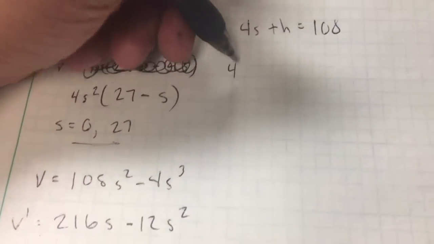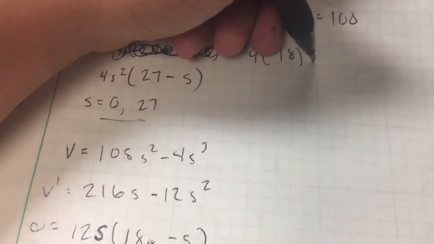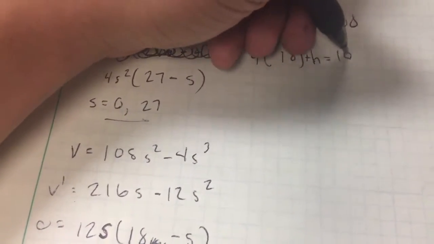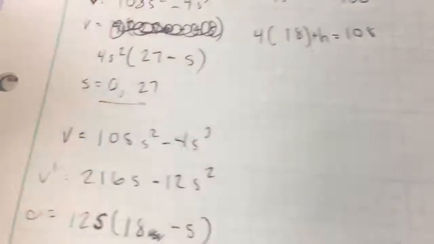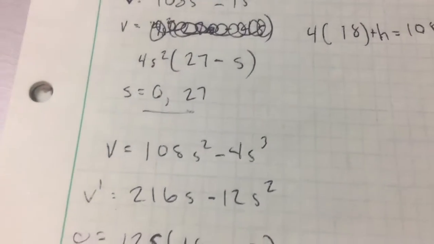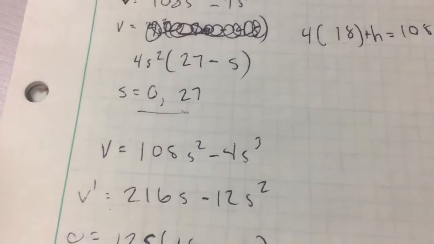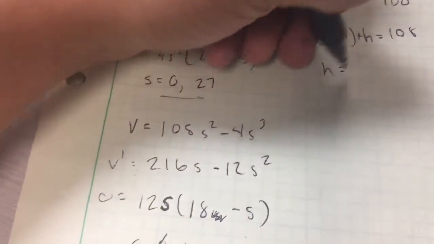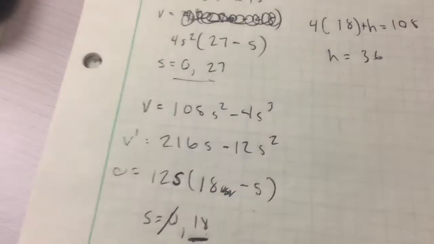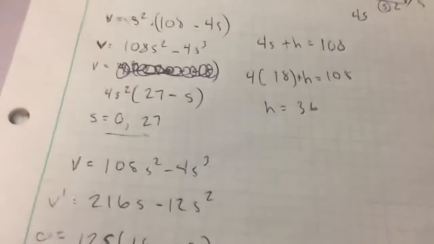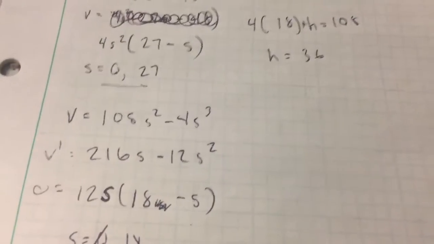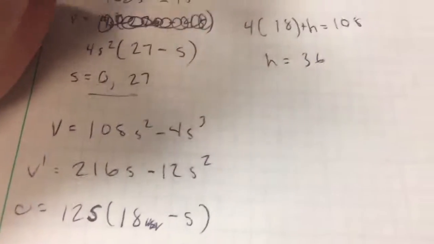You do 4 times 18 plus h equals 108. So h equals 108 minus 4 times 18, h equals 36. So the height is 36 and each of the sides is 18.